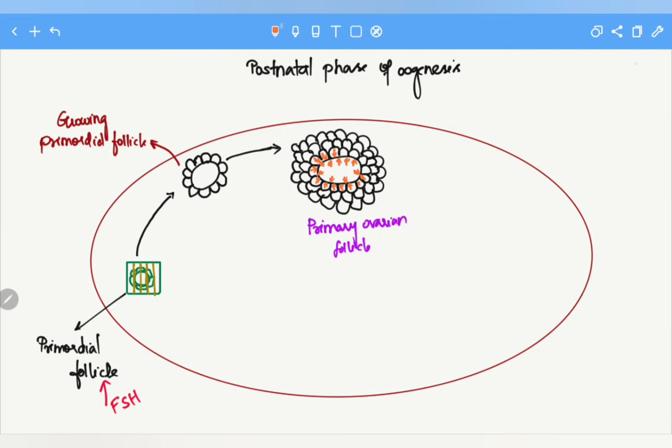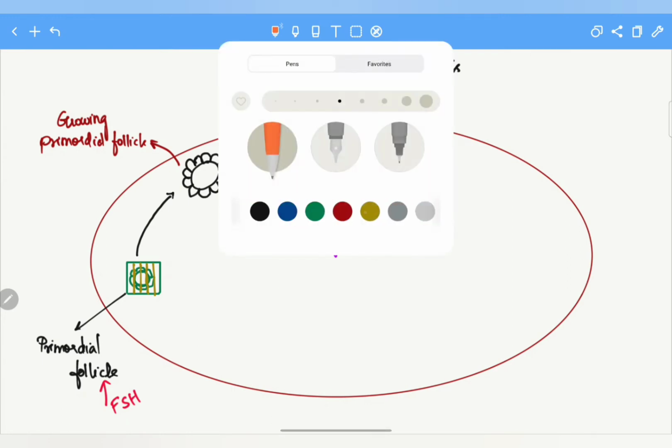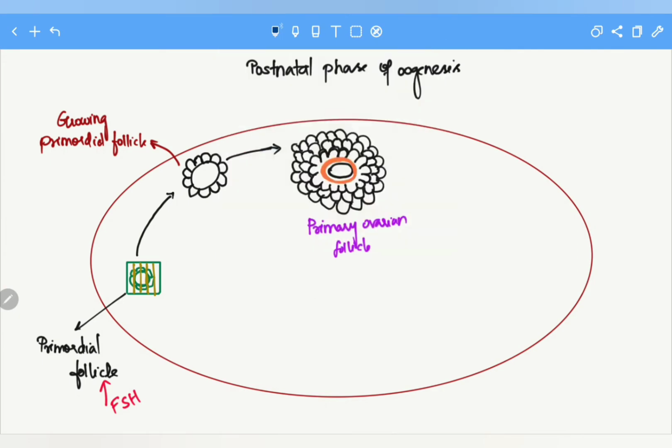So there arises a glycoprotein layer between the primary oocyte and the cuboidal epithelial cells surrounding it. This layer of glycoprotein between the primary oocyte and the cuboidal epithelial cells is called the zona pellucida.